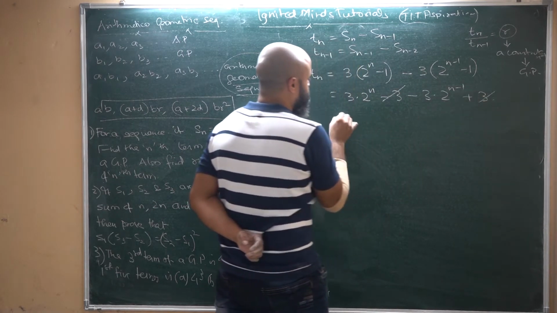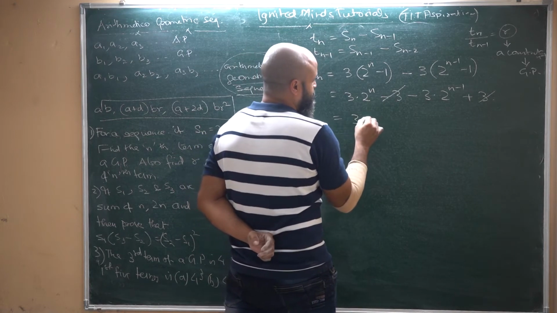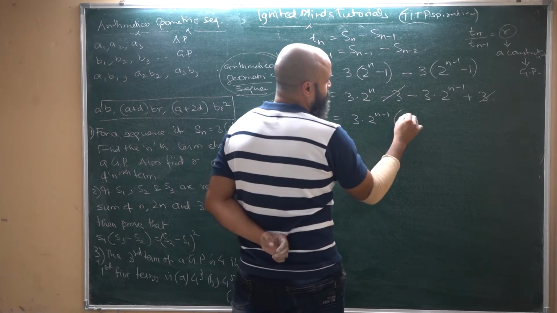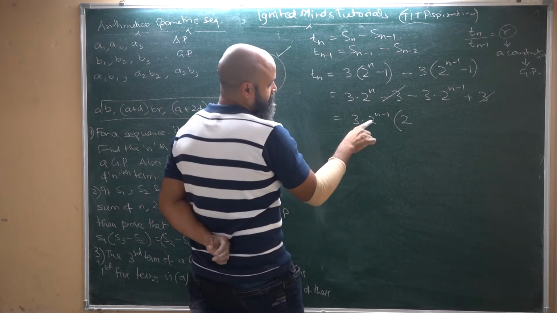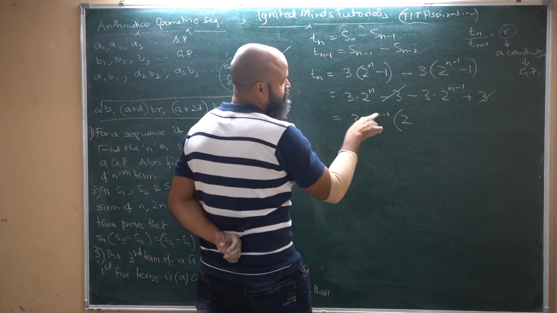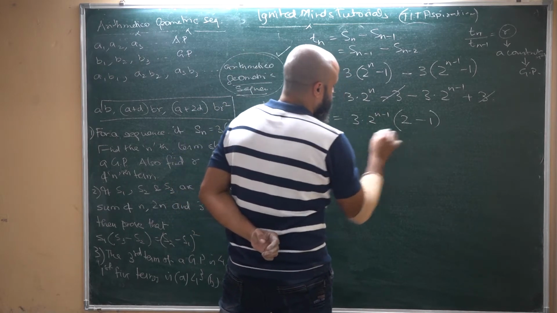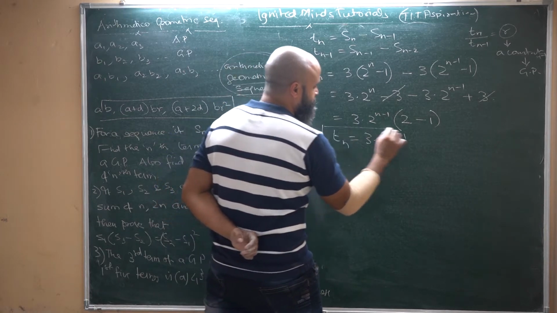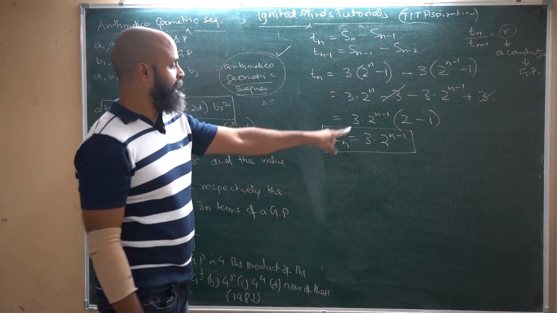Both of them get cancelled. You again take out 3 as common, and in fact you can take out 2^(n-1) as common as well. So you will be left with 2 minus 1, which gives you 2^(n-1). So this gives you 3 into 2^(n-1). So your nth term is 3 into 2^(n-1).